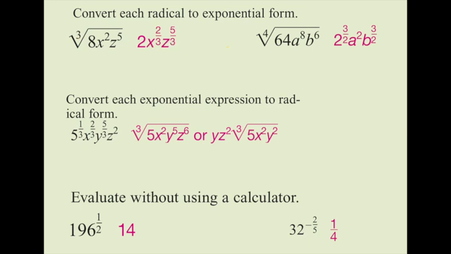64 has a perfect fourth root. 64, we're going to actually do this guy. So if I'm factoring him, I do have a 2 that can come out, right? Technically, I do.